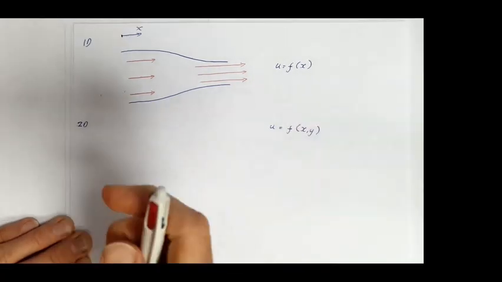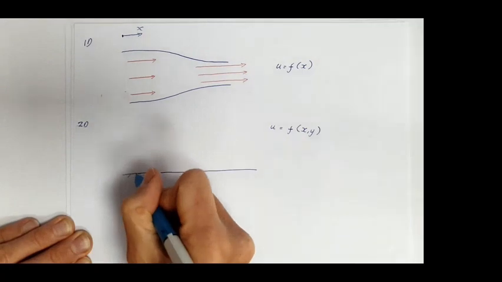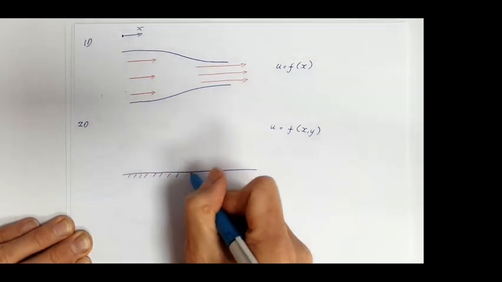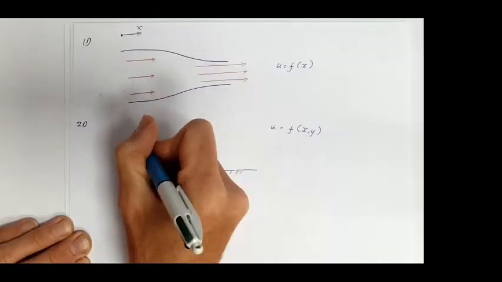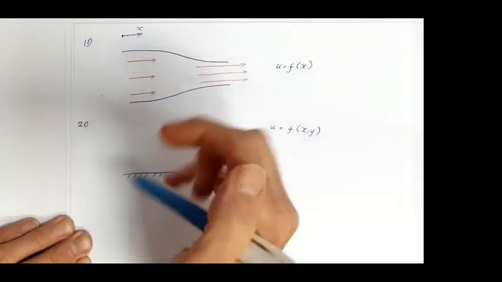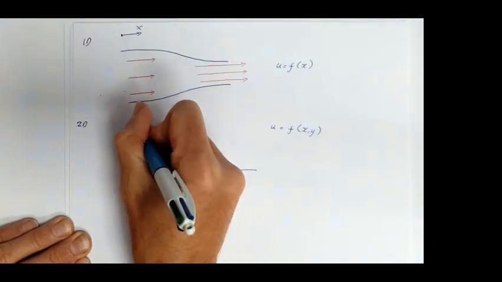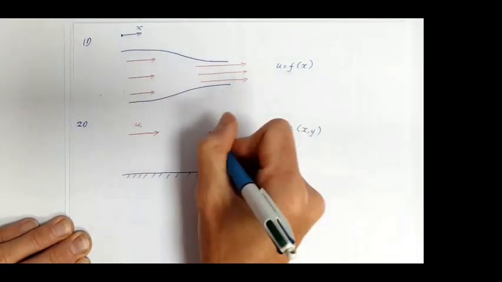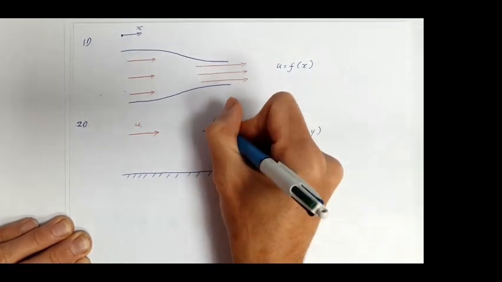Okay, so if we were to consider a wall and our free stream velocity, let's say it's u1 here, it increases in speed here, u2.